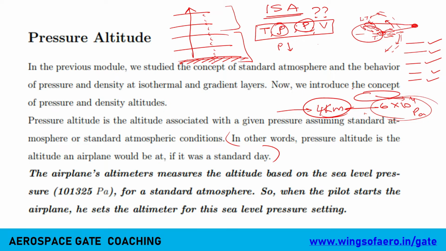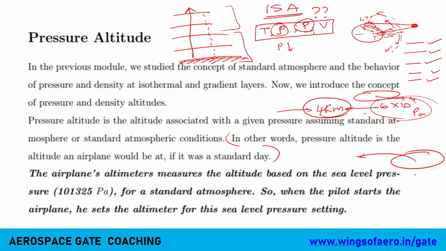This is the simple definition of pressure altitude. Similarly, the same goes for density altitude. Suppose you have some density value, so from the density you can calculate, in the international standard atmosphere, at what height you are flying.